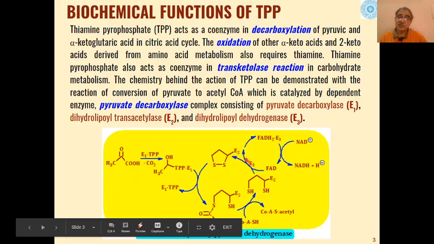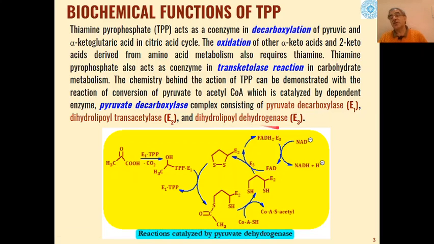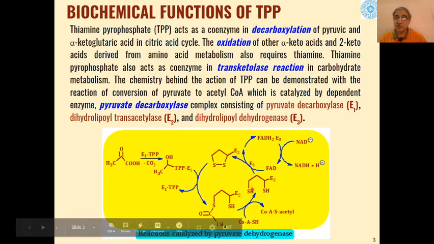And then these dithiols will undergo dehydrogenation in the presence of the enzyme dehydrogenase E3. So in the presence of E3, one H from here and one H from here, cyclization will take place to give us this product.